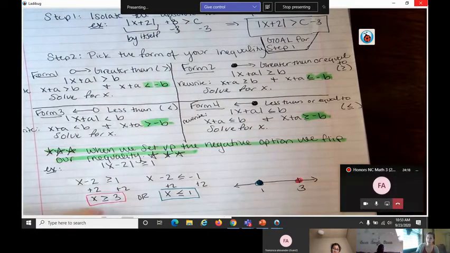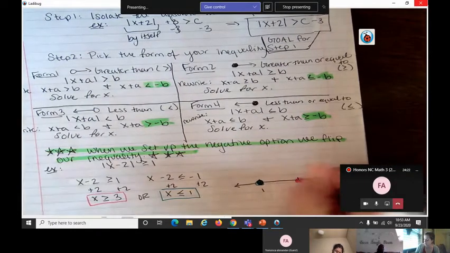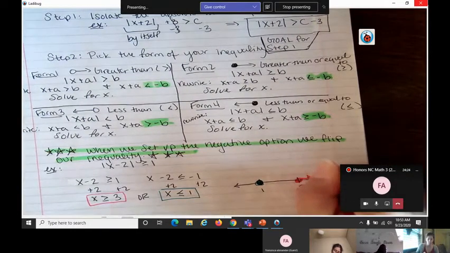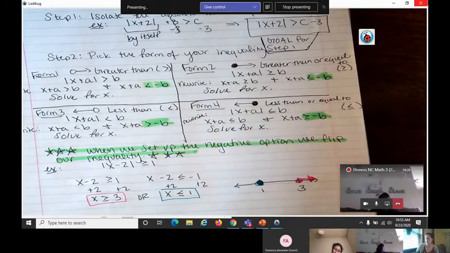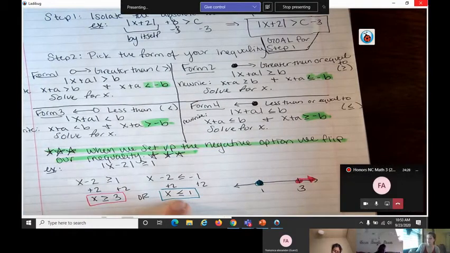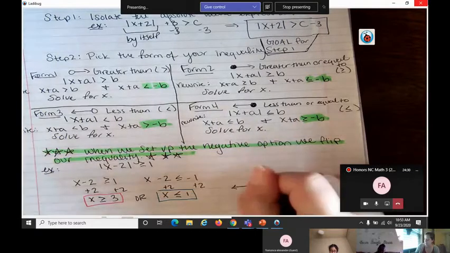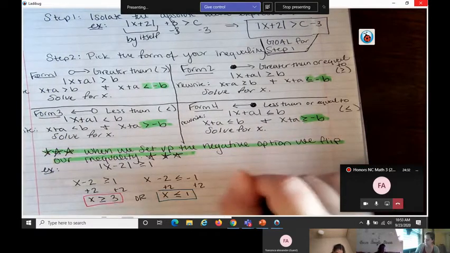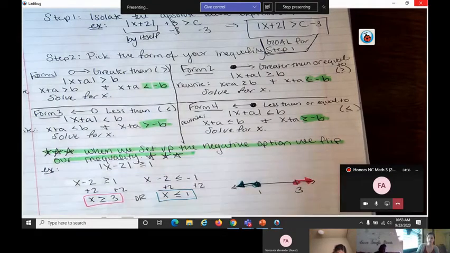And then in the pink, we have x is greater than or equal to 3, so my arrow needs to go to the right. And with this one, I have less than or equal to 1, so my arrow needs to go to the left. Okay, so that's what my solutions look like.